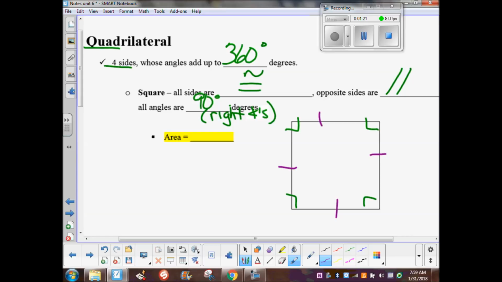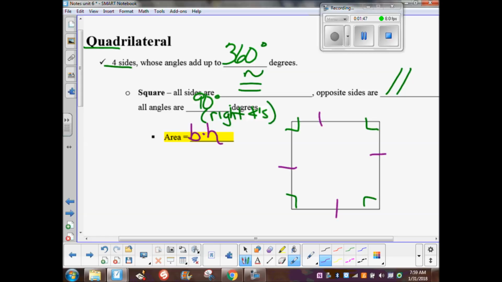Area formula on your green sheet, you're always going to look at the area formula for the parallelogram, okay? So on your green sheet, area formula for a parallelogram, what does it say? A equals what? Caitlin: A equals B times H. Yep.